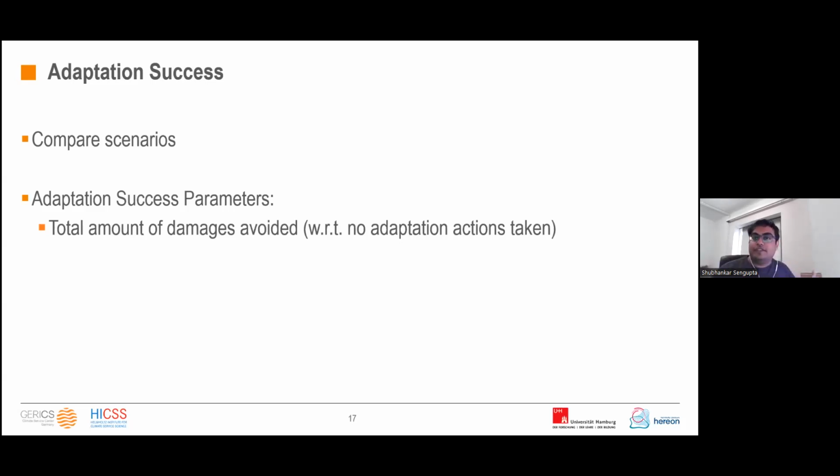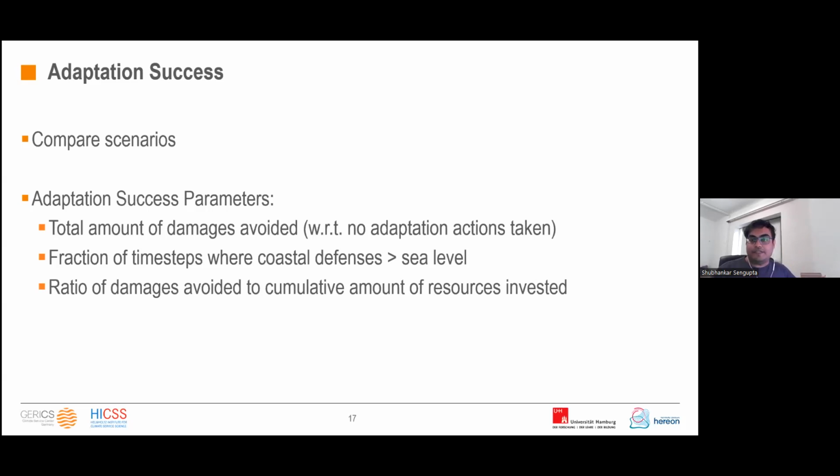The difference between the damages in these scenarios is the damages that have been avoided by agent adaptation. Then we can measure the fraction of time steps where the height of coastal defenses exceeds sea level, so that means the fraction where there are no damages. And you can also approach it from a cost-benefit perspective, where you compare the avoided damages to the resources invested by the agent. I would go into detail in the discussion if necessary.